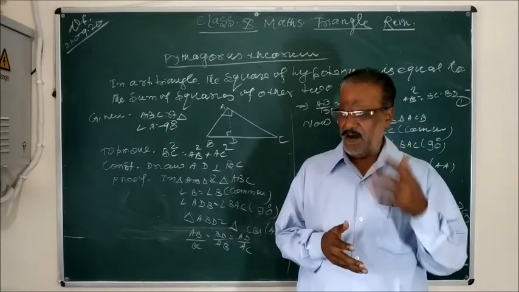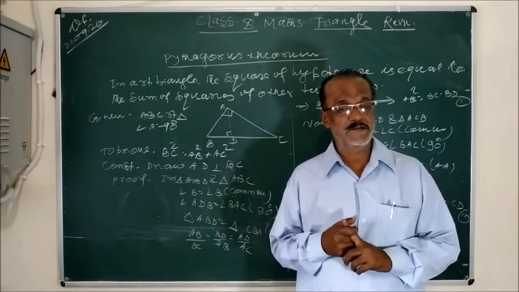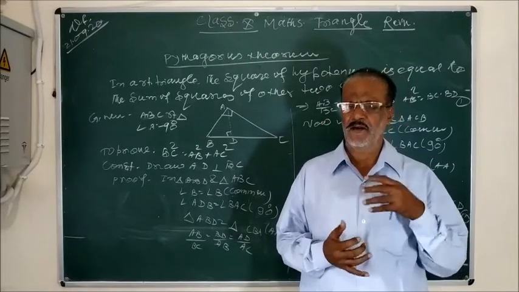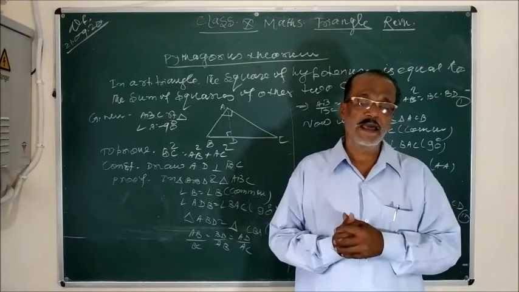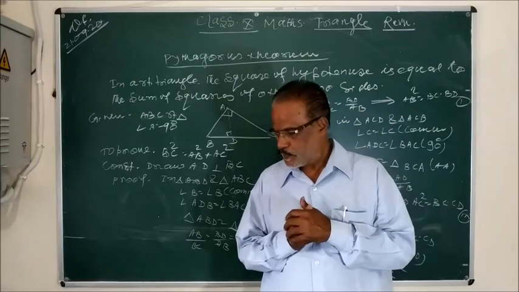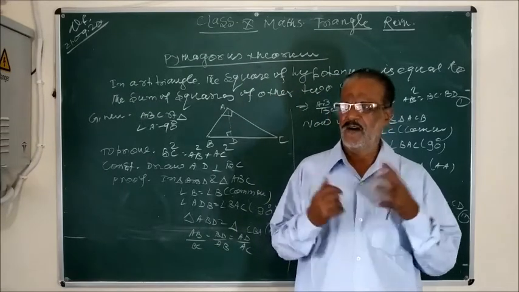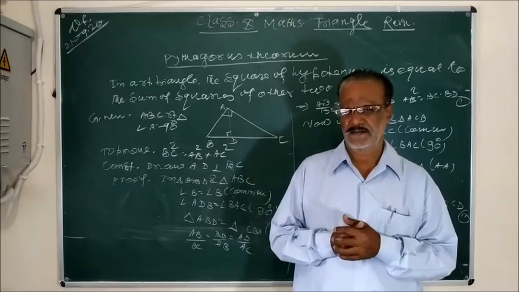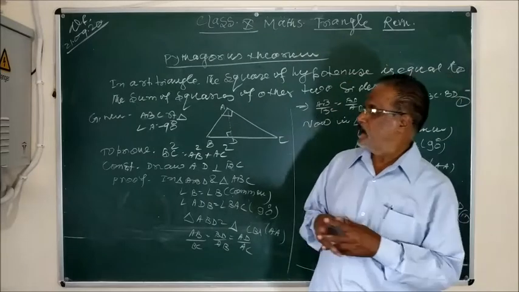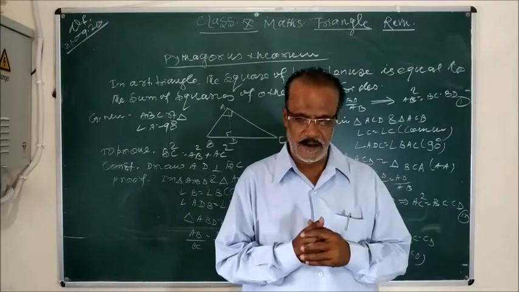But I have already informed you that the two theorems, converse of Pythagoras and ratio of areas of two similar triangles, have been removed for this year's examination. This year means this session. So you will concentrate only on two theorems, Thales theorem and Pythagoras theorem.